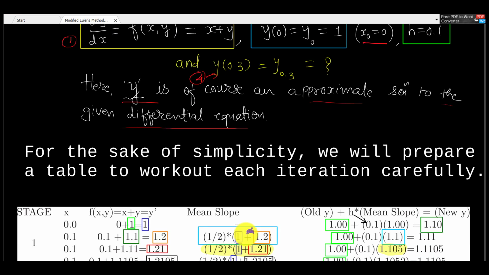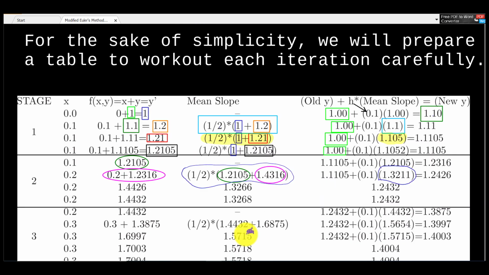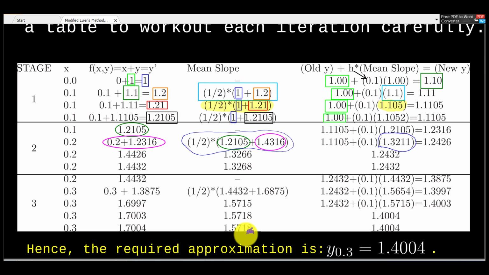Now for the sake of simplicity, I have prepared a fully worked out table here, and let's discuss the table thoroughly so that you will have a proper idea about the working style of this method. Okay, so I am just narrating here the number of stages. Obviously we are starting from 0.0 and we are having an increment of 0.1. So obviously this process will give me 3 stages.